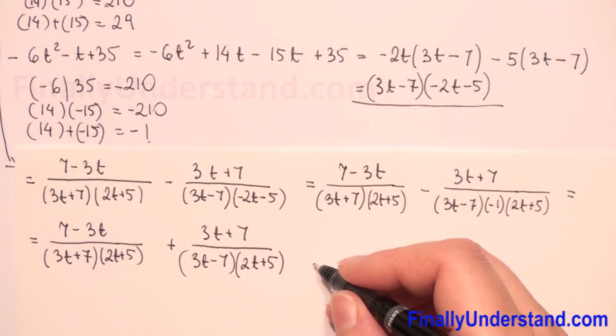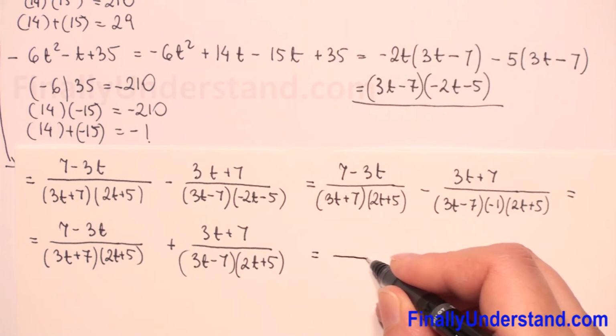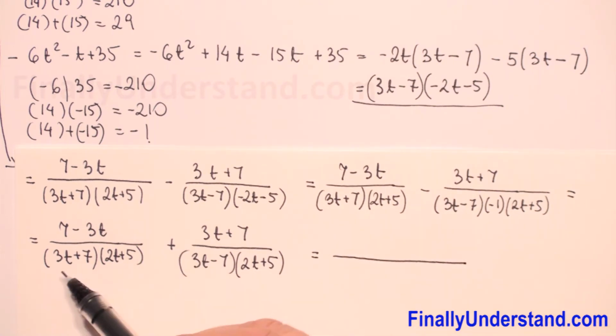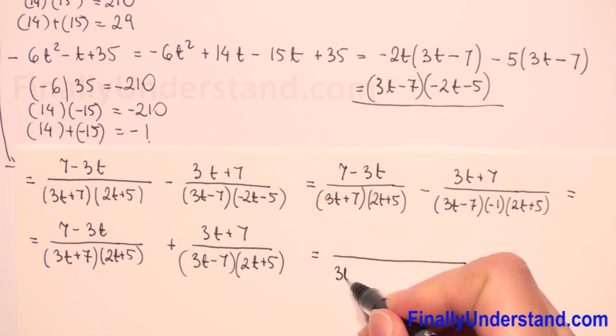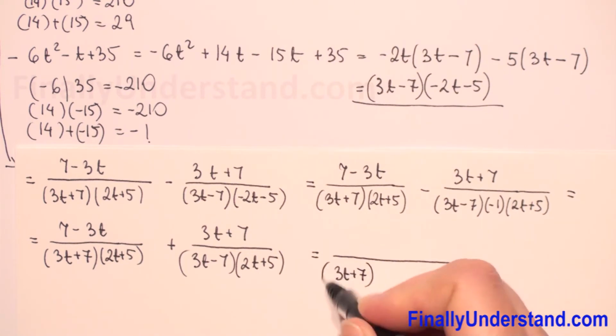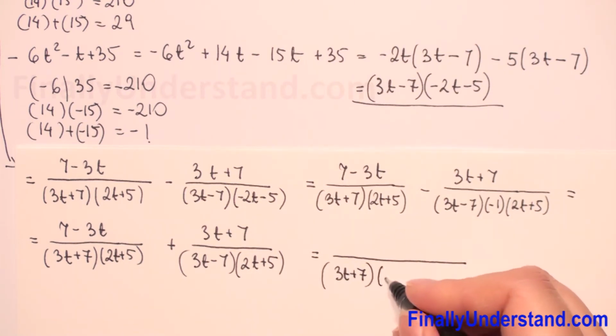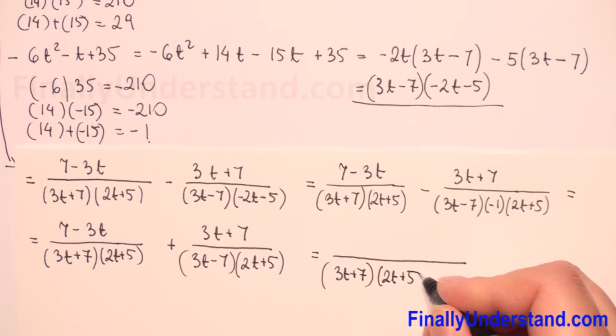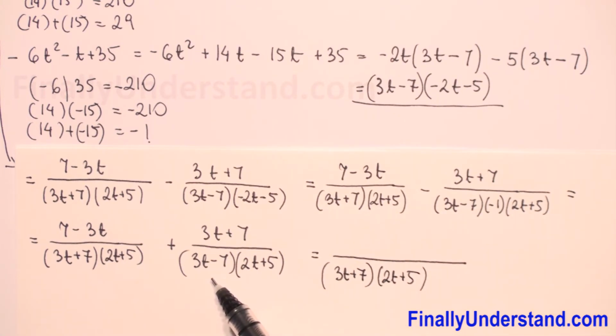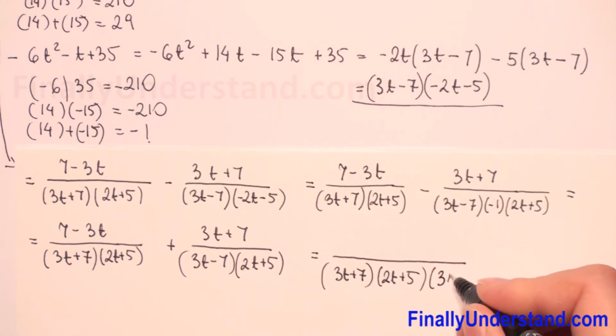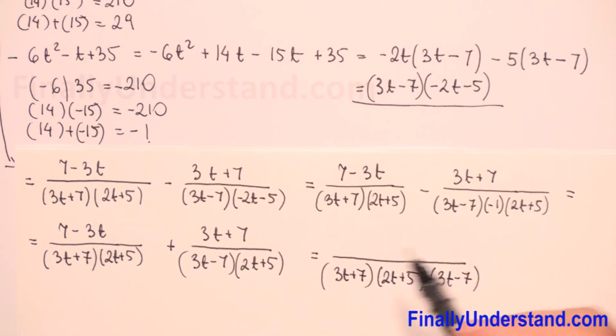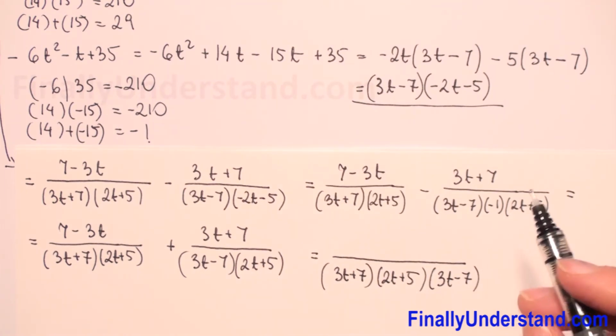So what will be the common denominator? We have to copy 3t plus 7. Next we have 2t plus 5, and next we have to check the second denominator. We don't have 3t minus 7, so we have to put times 3t minus 7, and 2t plus 5 we already have, so we don't have to put it.